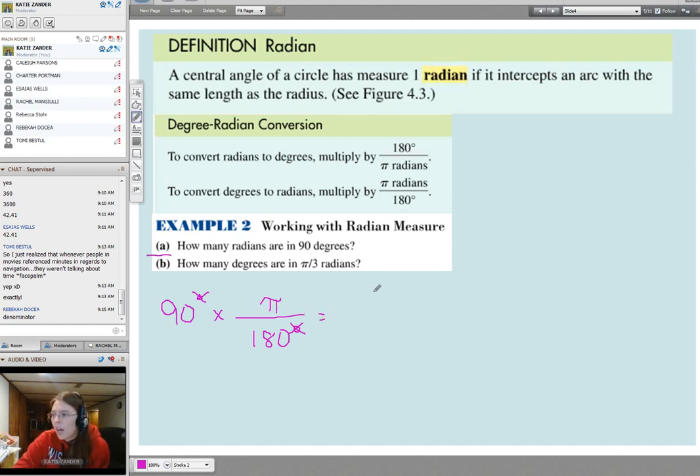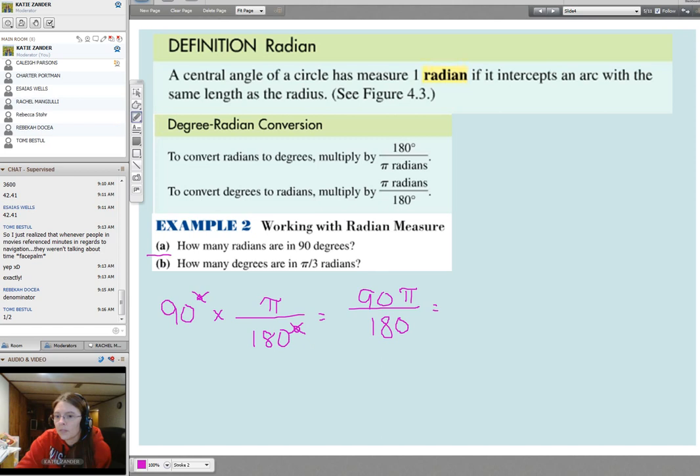We multiply across, so 90 pi over 180. Notice the degrees are gone, right? Those canceled out. And then we simplify the 90 over 180. What does that simplify to? 1/2. Yep. Good.